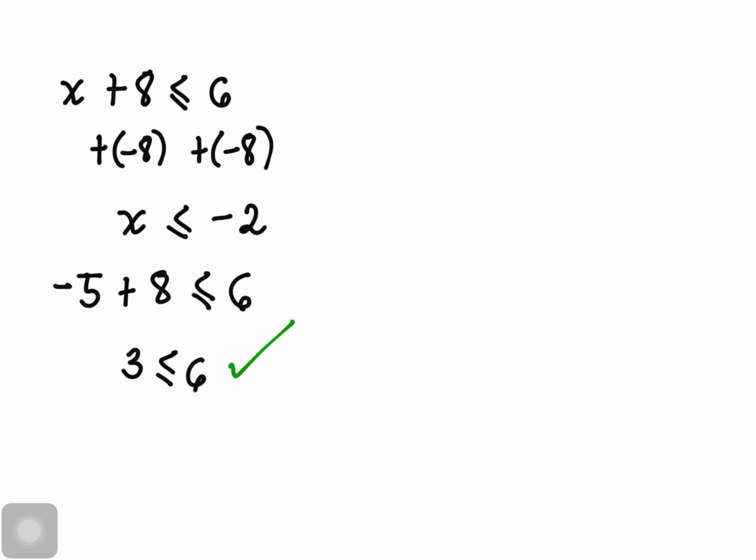Let's say, for example, we'll use 9. 9 plus 8 is less than or equal to 6. 17 is less than or equal to 6, which we know is a false statement. Therefore, any number that is greater than negative 2 will not satisfy our inequality statement.